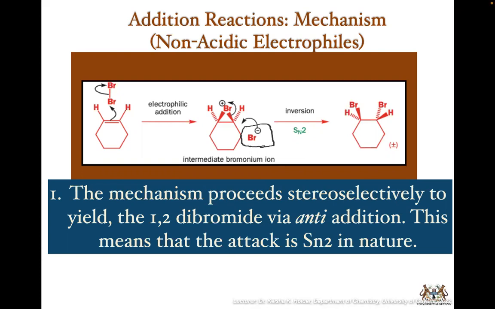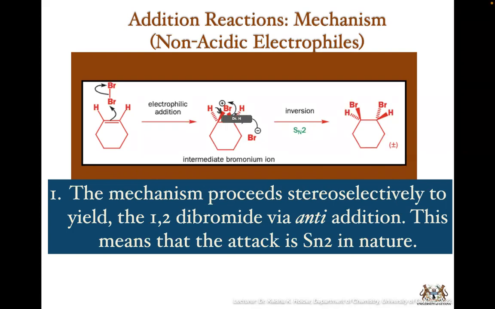But what that would do is cause this first bromine atom to remain in position, coming above the plane of the screen. So this bond will break. Let's fix that. This bond breaks, but this bond stays intact.